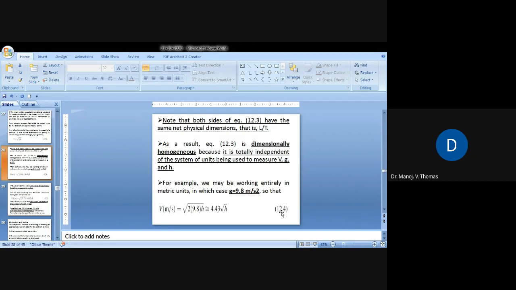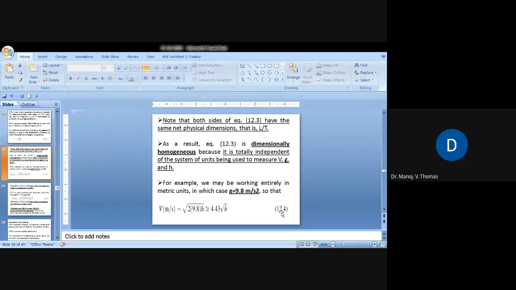You can measure time in second, millisecond, microsecond, nanosecond, whatever unit you feel comfortable with, and use it throughout the equation, not for one term, but throughout. Wherever length is there, you can use centimeter or feet or meter. That is why it is called dimensionally homogeneous.